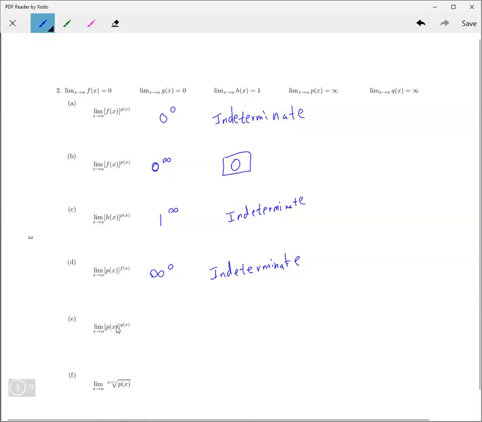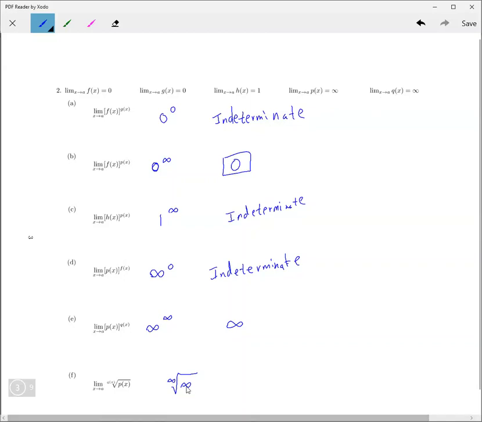Okay, this one right here, p of x is going to infinity, and q of x is also going to infinity. Well, this one's just going to blow up to infinity. You're taking something that's going to infinity and raising it to a positive power that keeps increasing, so it's just going to go to infinity faster. Okay, this one right here, you've got the q root of p. q is going to infinity, and p is going to infinity also.